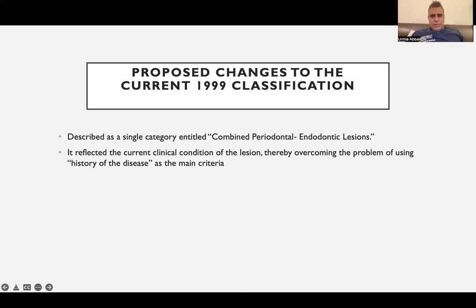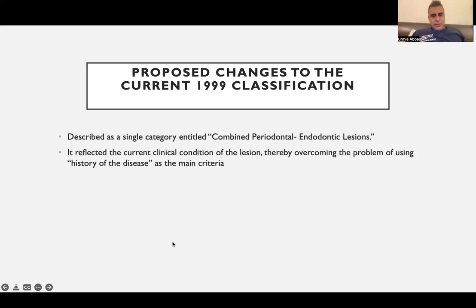So how is this different from the Armitage 1990 classification? It's a single category entitled combined periodontal lesions. So they have made it a single thing, where you have physiological or non-physiological channels.